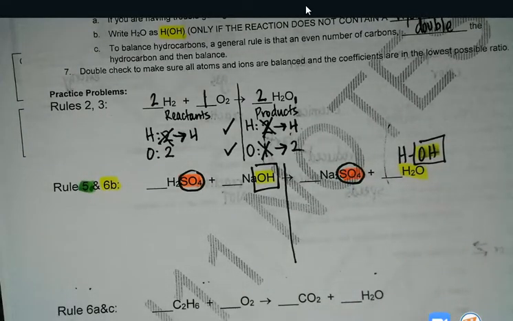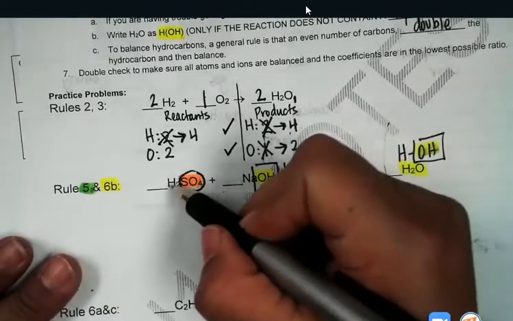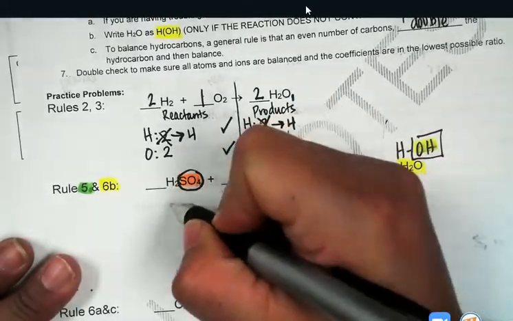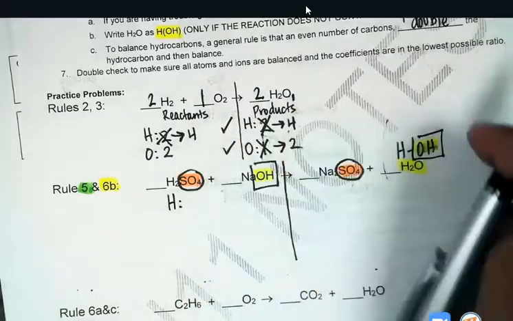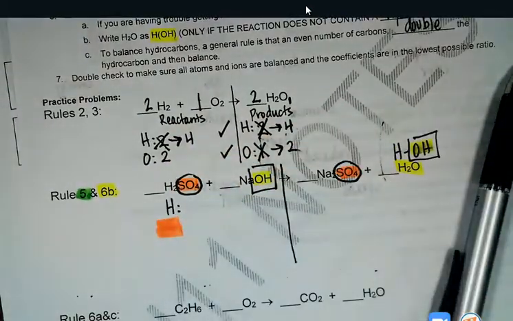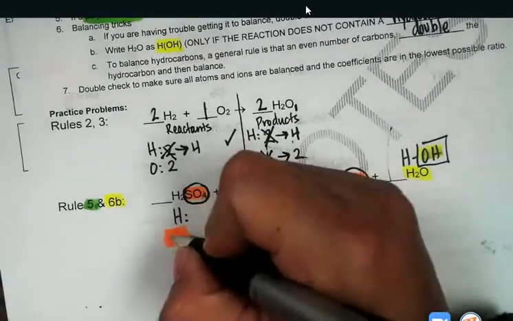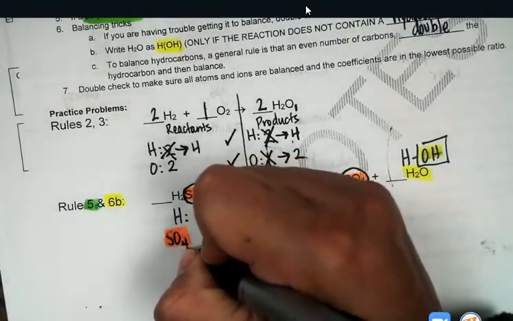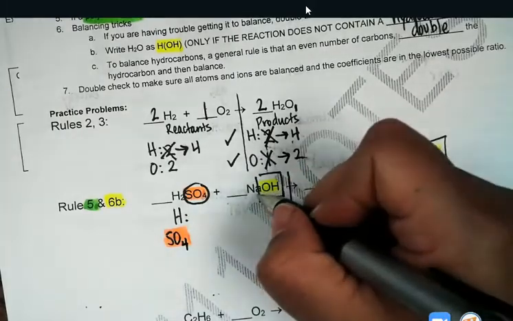together. So I have H because that's separate. I'm going to keep my SO4 together. So I have my SO4. Then I have Na.